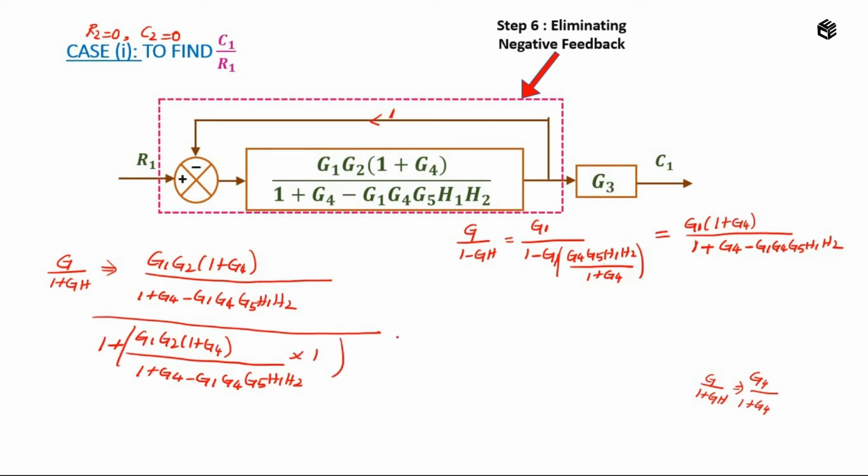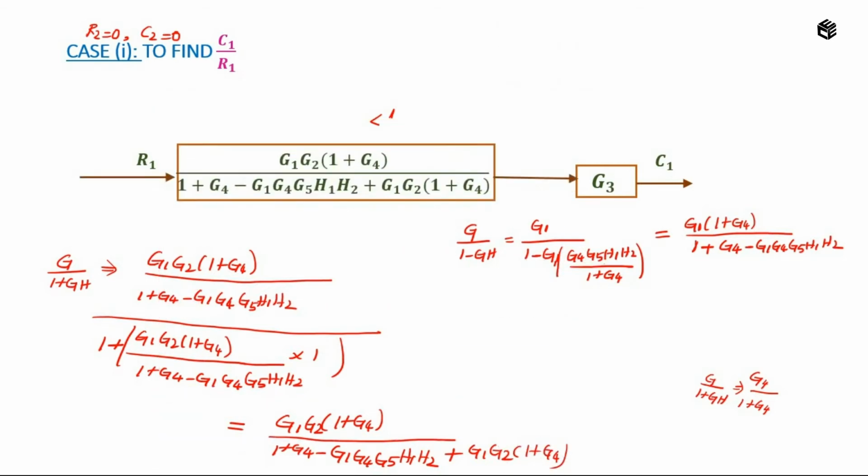Now on simplifying this, I will get the answer as G1 G2 into 1 plus G4 the whole divided by 1 plus G4 minus G1 G4 G5 H1 H2 plus G1 G2 into 1 plus G4. So I am representing this expression in the block as this.